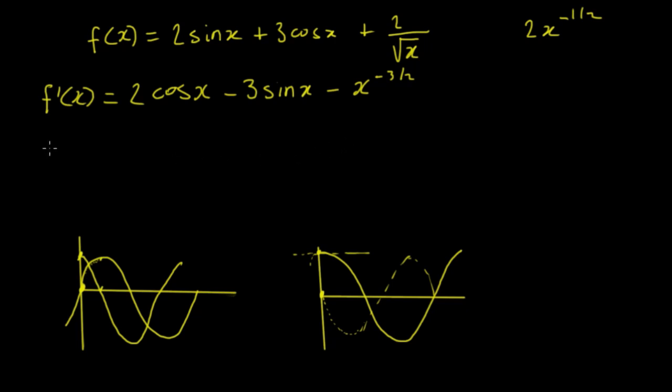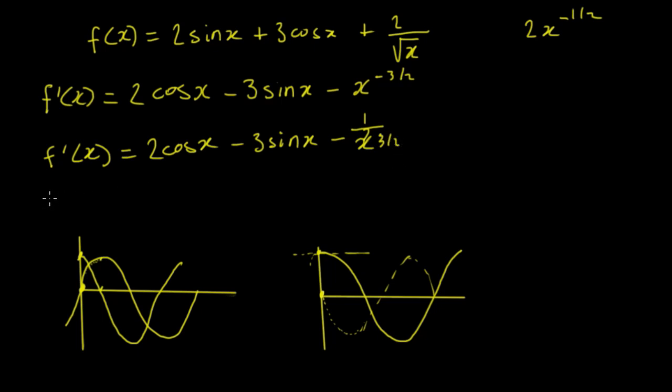So we can rewrite this out as f derivative of x is going to equal 2 cos x minus 3 sin x minus, well, x to the power of minus 3 upon 2 is the same as 1 upon x to the 3 upon 2.